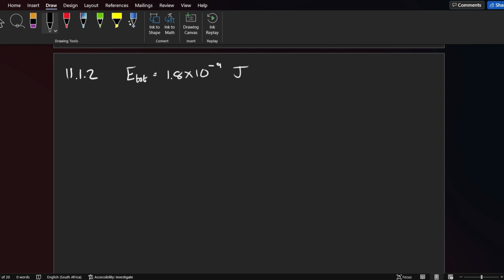And now we need to calculate the energy of one photon. We can do that using the wavelength that they gave us, because we have a formula for energy in terms of wavelength.